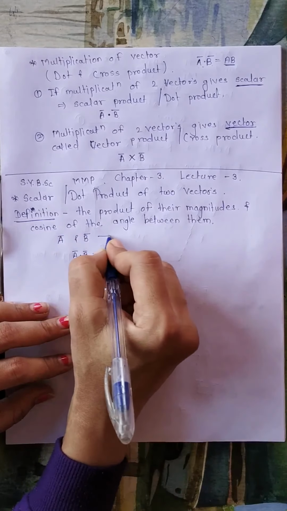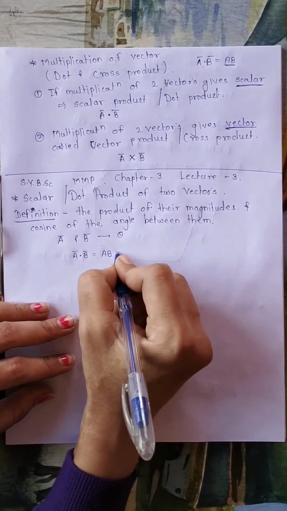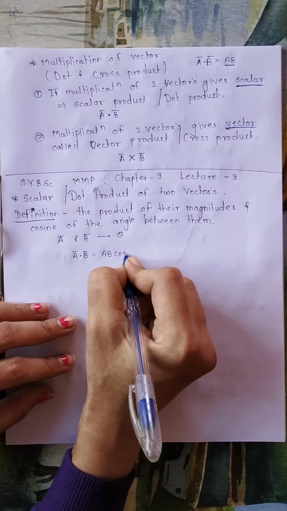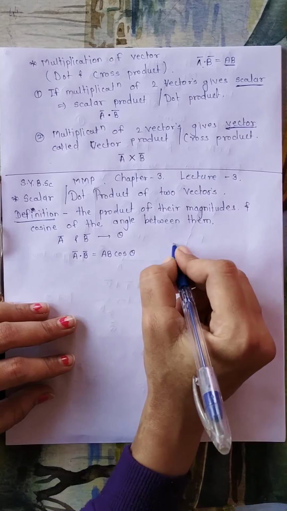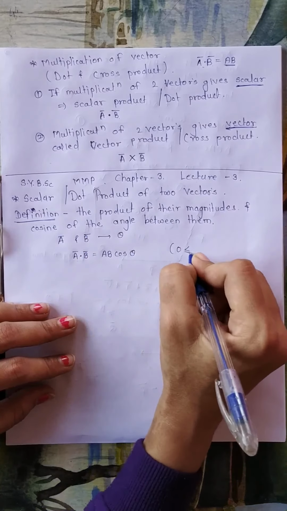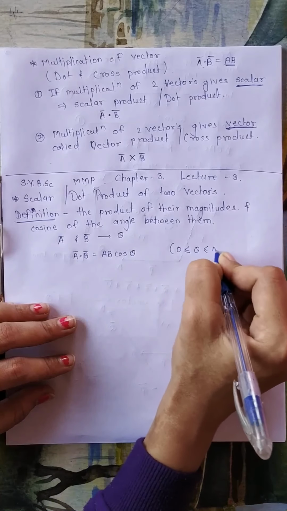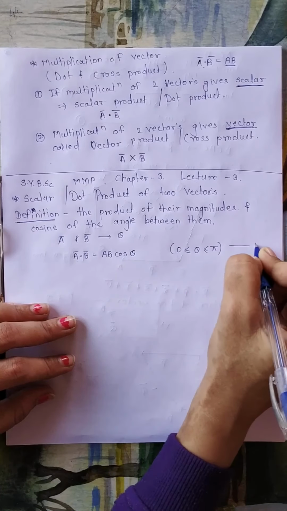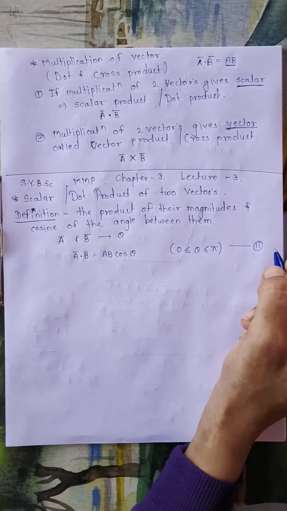Suppose theta is the angle between them, so it will be ab cos theta, where theta lies between 0 and pi. Let's call this equation number 11.